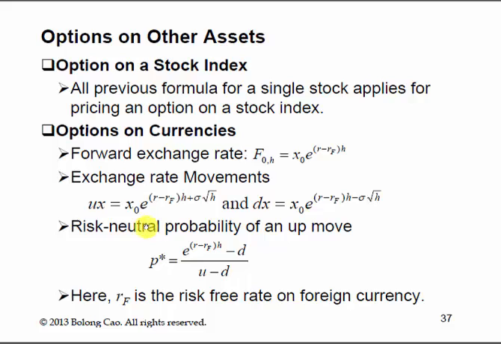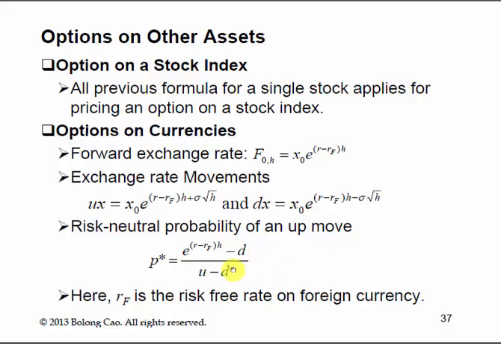And then the exchange rate movement is still this, similar to our stock. For the stock, the minus term here is the dividend yield, but here it's the foreign currency interest rate. That's the asset you don't have. So deduct that, and go up or down by the standard deviation in the exchange rate movement.